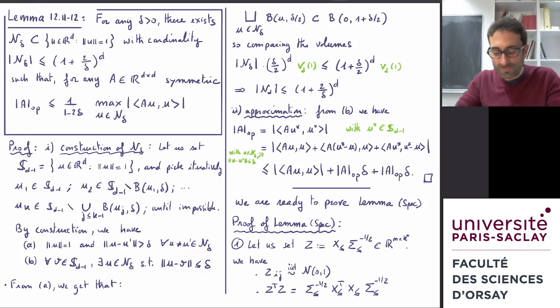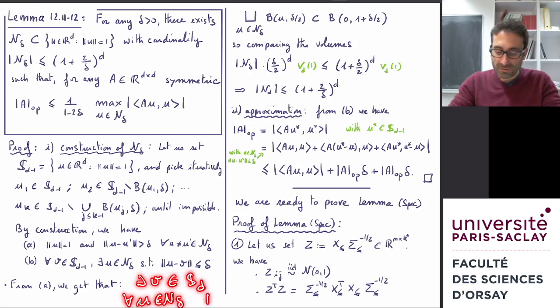So why is it true? Well, just imagine that you cannot find such a V. So if you cannot find such a point, it means that there exists V in your sphere, such that for any U in N delta, you have the norm of U minus V larger than delta.